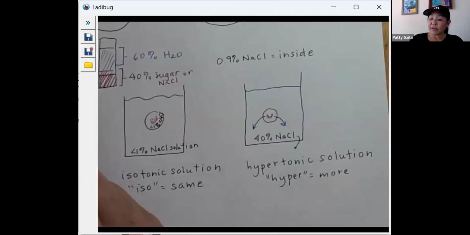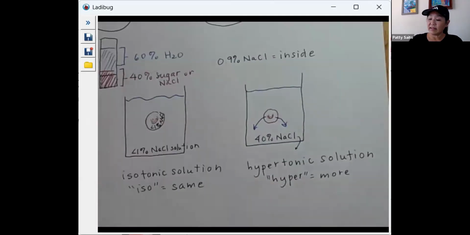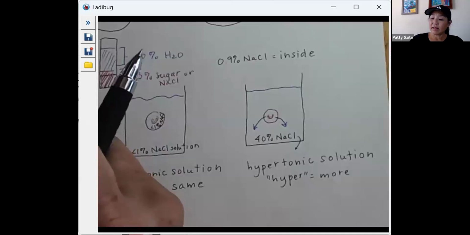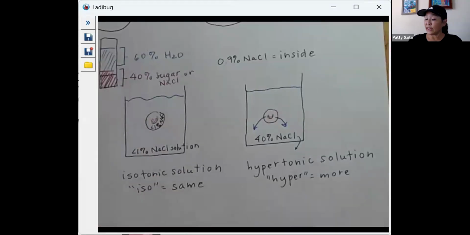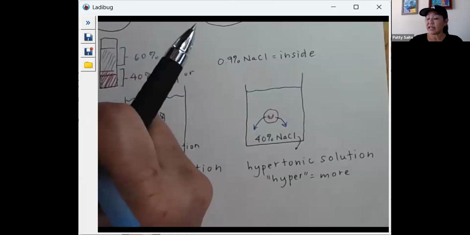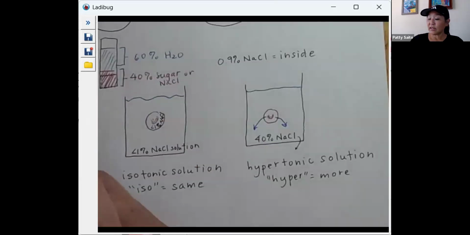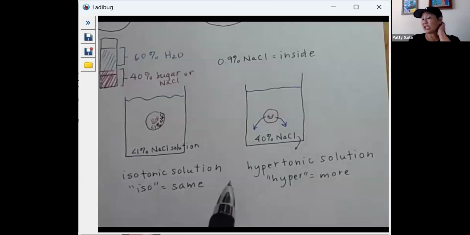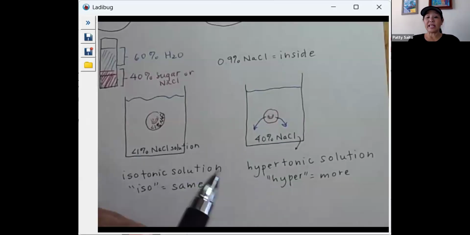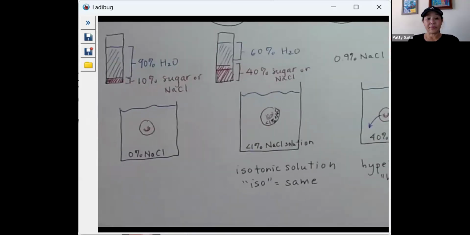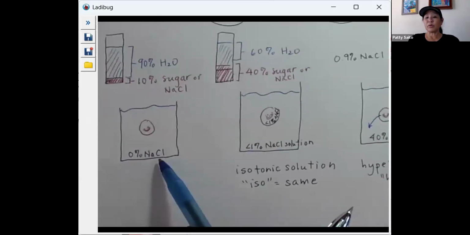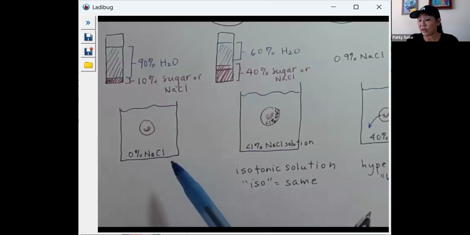Now what if I put that little red blood cell into a solution that has less salt? So let's say it has no salt, which means it's 100% water on the outside.